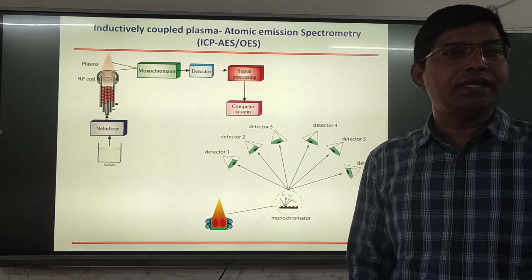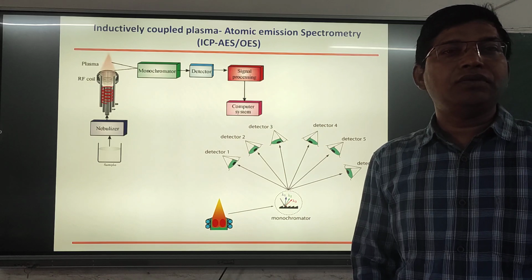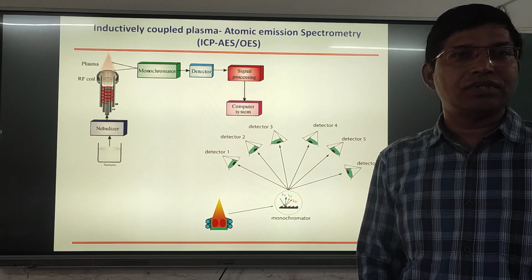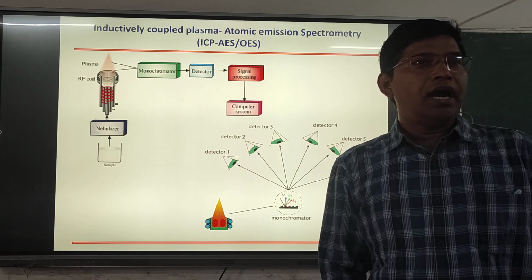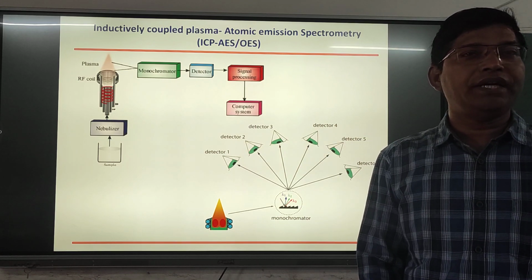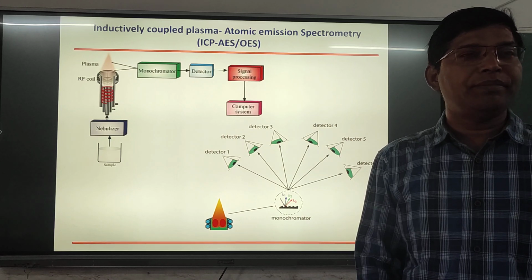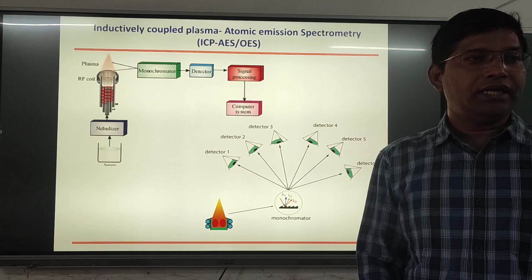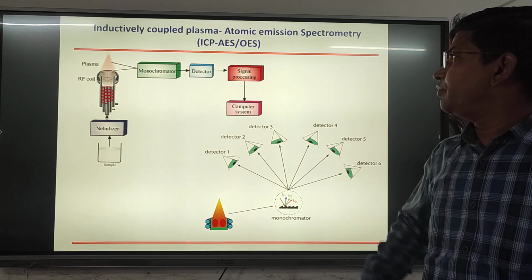So ICP is related to the radiation source, and in atomic spectroscopy the radiation source is very important to atomize the element that is present in an unknown sample.